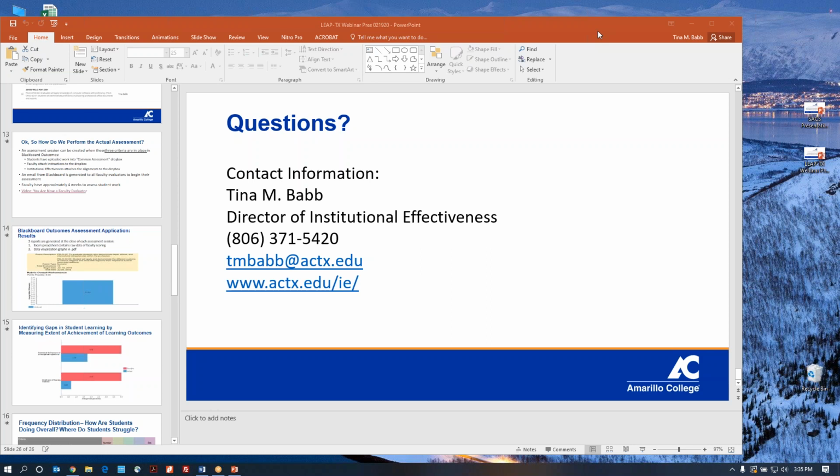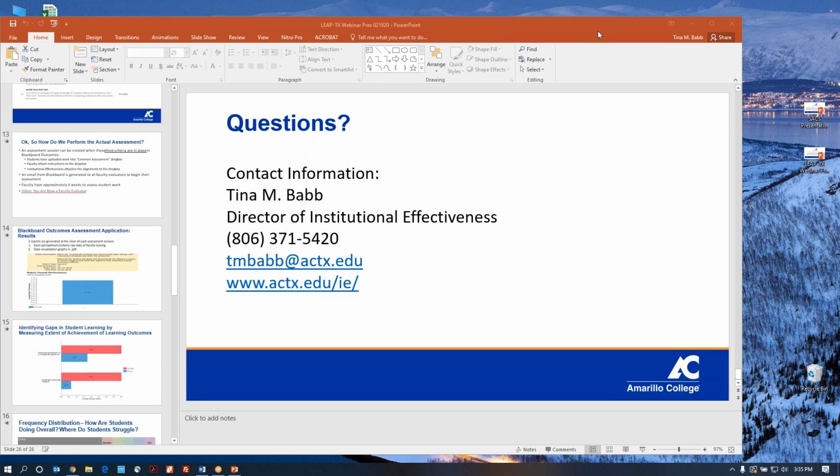We make sure that we can pull faculty from other departments to help us, because if we're all teaching, then we can assess critical thinking and communication, but we just need to be aware of the instructions and what was expected of the students. So yes, sometimes we have faculty from across disciplines helping each other evaluate student artifacts.